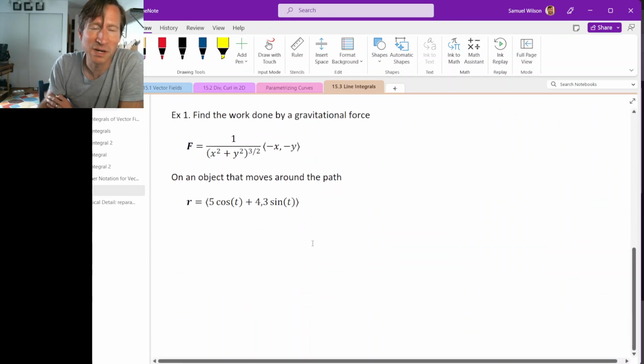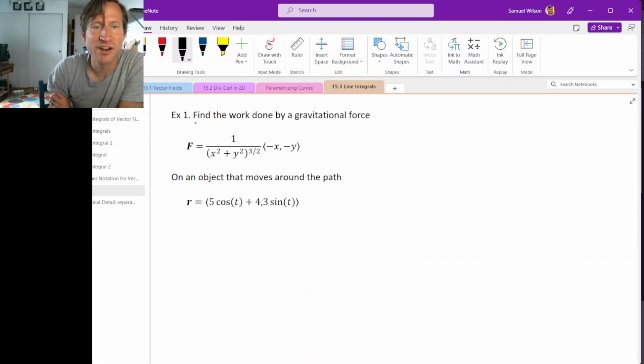Let's find the work done by this gravitational force on an object that moves around this path. I believe I have cooked up this path so that one focus of this ellipse is at the origin, which is a realistic situation for an object orbiting just due to gravity.